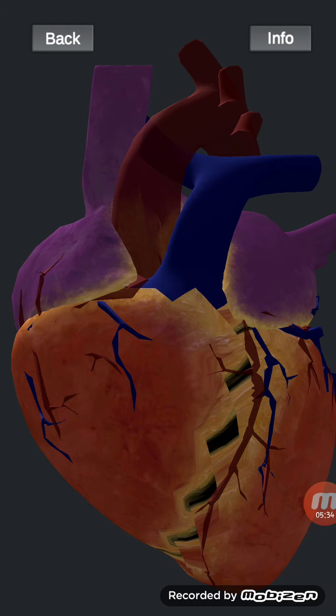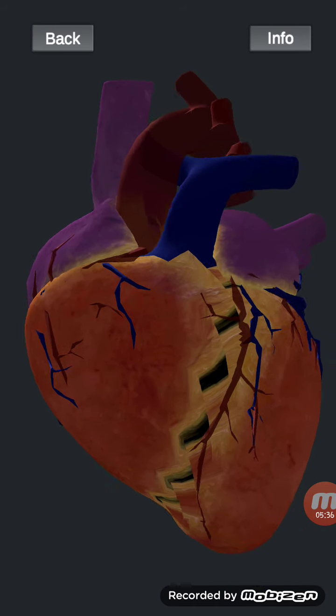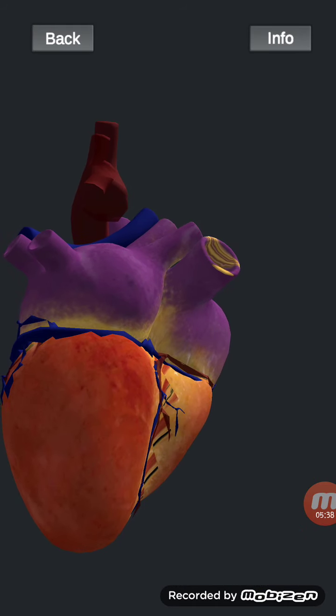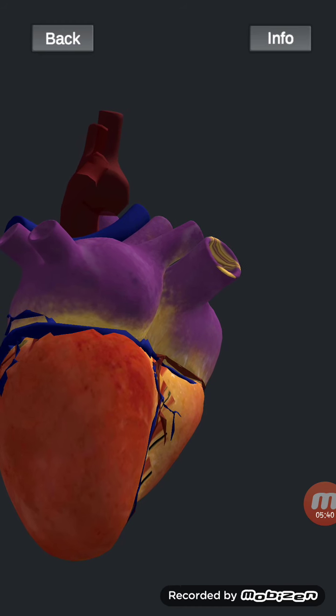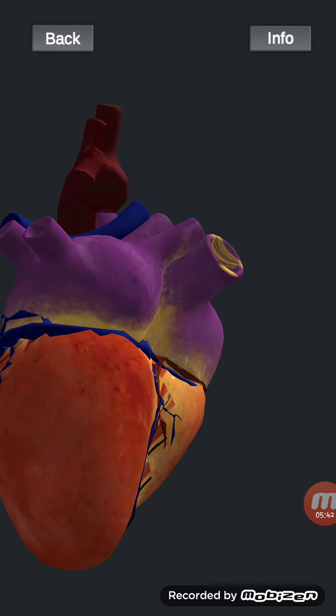Okay, this is human heart. The structure of human heart: human heart is a hollow muscular organ. It is cone-shaped and pulsating organ situated in between lungs. The size of this heart is a clenched fist.